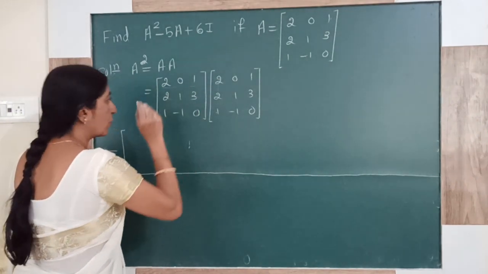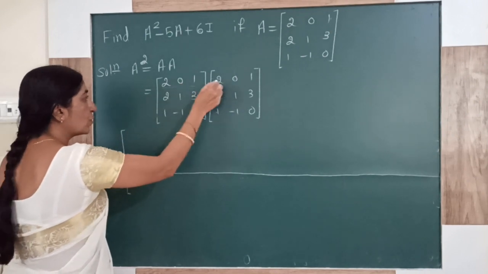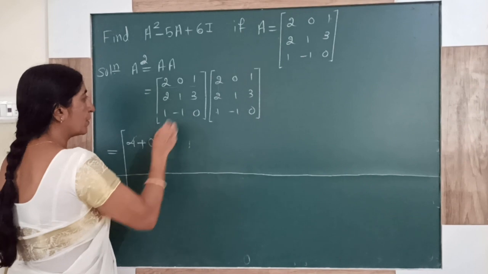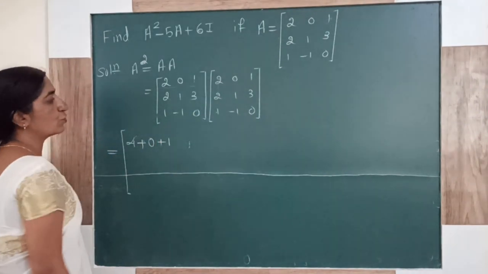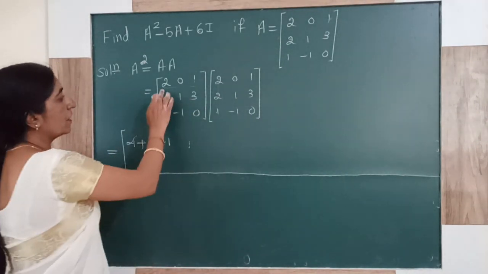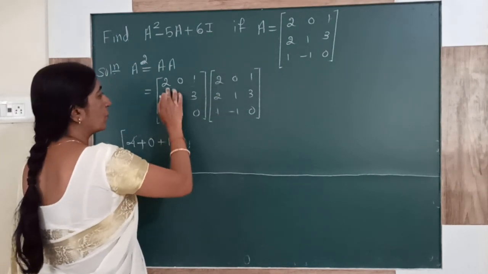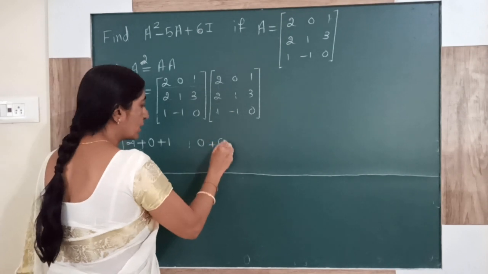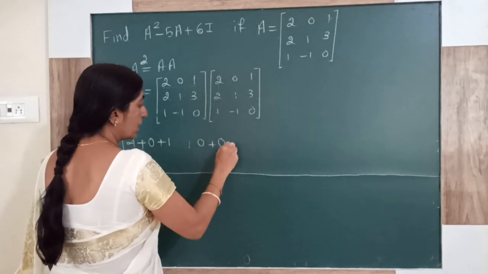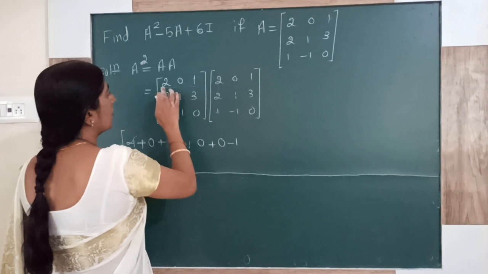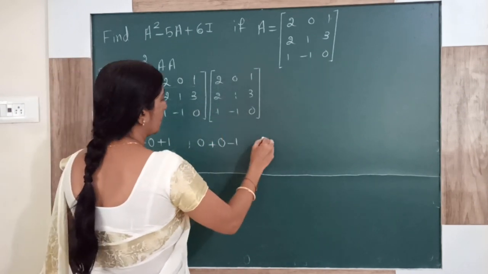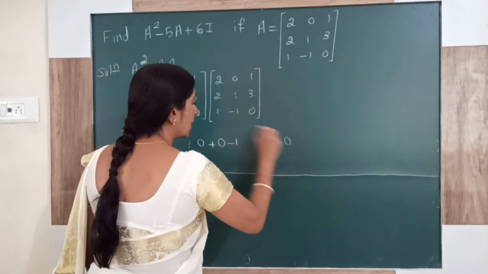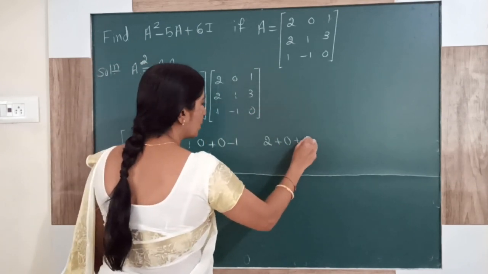In that, corresponding elements: 2 into 2 is 4, plus 0 into 2 is 0, plus 1 into 1. First row with second column: 2 into 0, plus 0 into 1 is 0, plus 1 into minus 1 will be minus 1. Then first row with third column: 2 into 1 plus 0 into 3 plus 1 into 0.